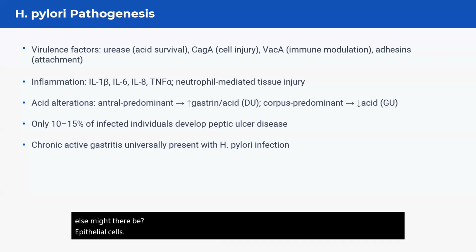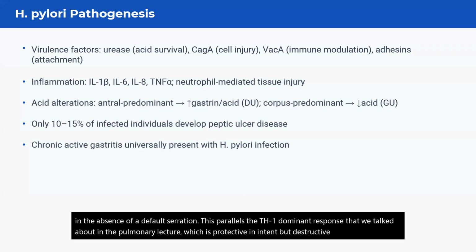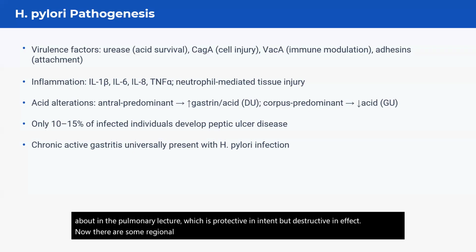This inflammation is neutrophil dominant now. So this leads to ongoing mucosal damage, even in the absence of a deep ulceration. This parallels the Th1 dominant response that we talked about in the pulmonary lecture, which is protective in intent but destructive in effect.